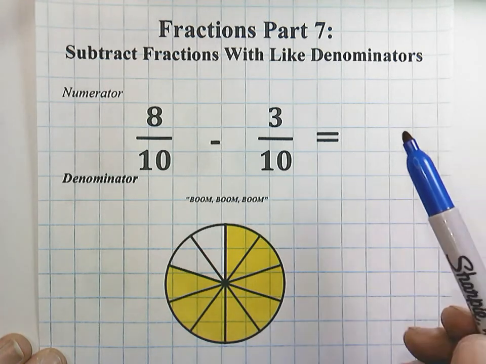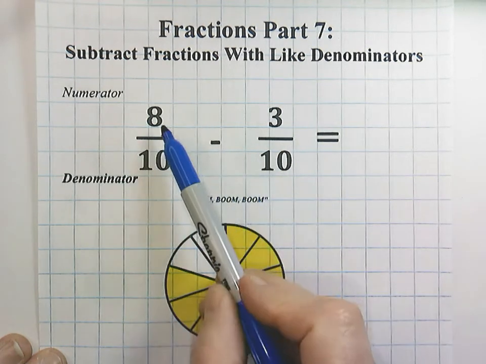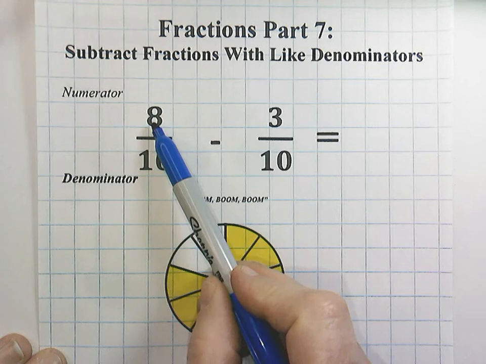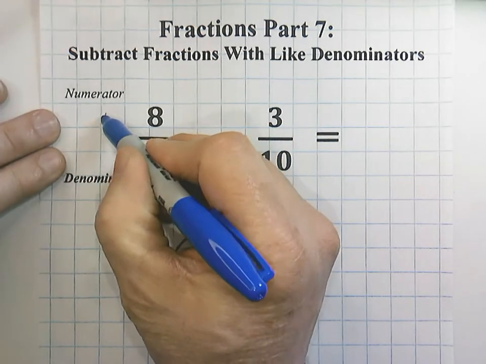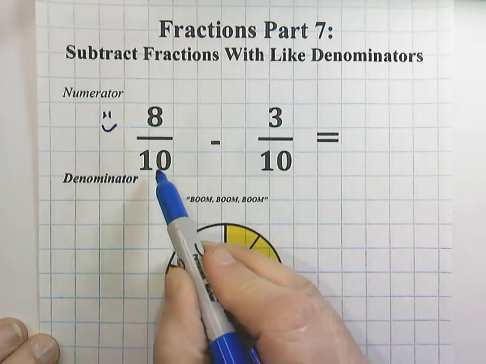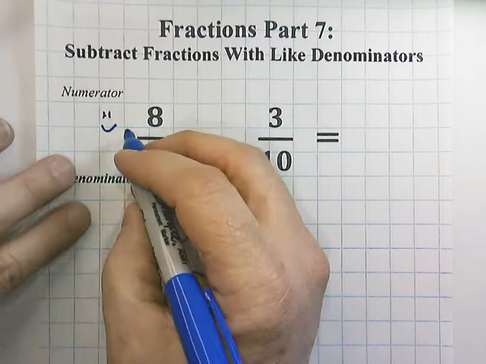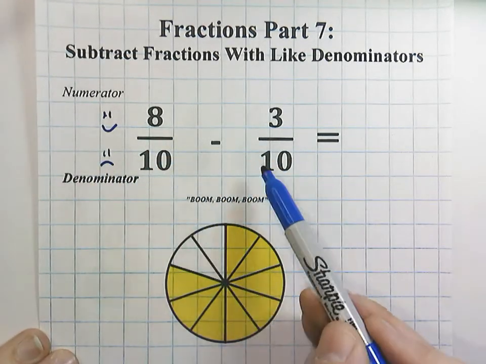So the rule in math is that when you subtract fractions with like denominators, you only subtract the top numbers. So for example, in this case, 8 minus 3, that would be fine. But you do not subtract the bottom. In fact, the bottom has to stay exactly the same.